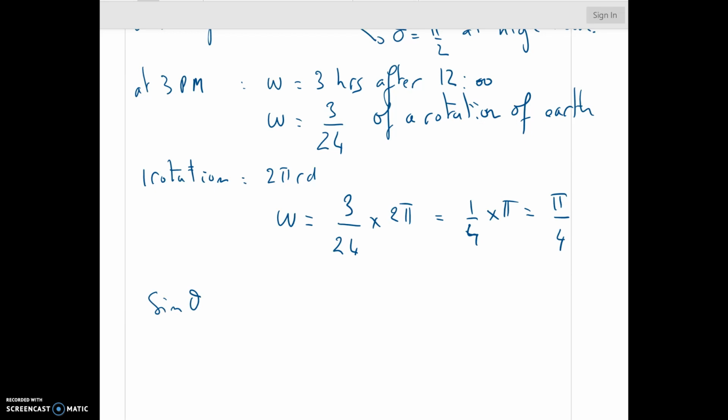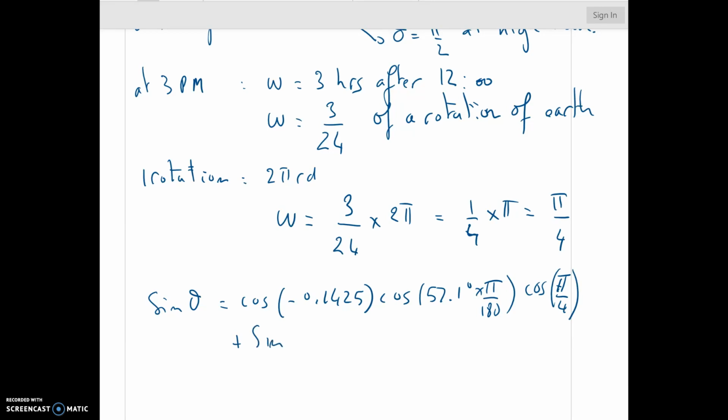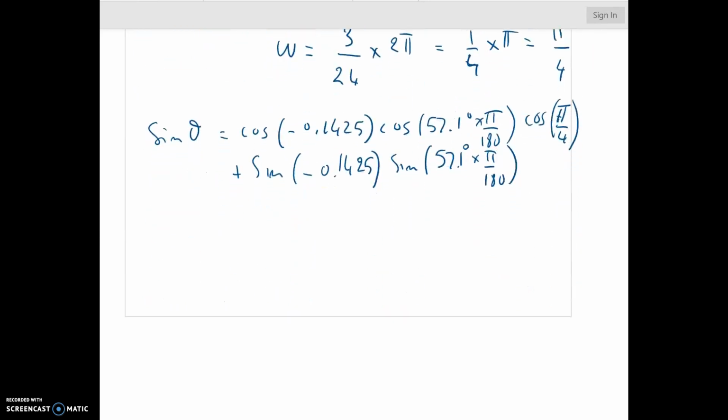So now sine of the angle theta is going to be equal to cosine of negative 0.1425 multiplied by the cosine of 57.1 degrees multiplied by pi divided by 180 to make the angle in radians, multiplied by the cosine of omega that we now know is equal to pi divided by 4, plus the sine of negative 0.1425 times the sine of 57.1 multiplied by pi divided by 180, because I want to make sure that my angles are written in radians.